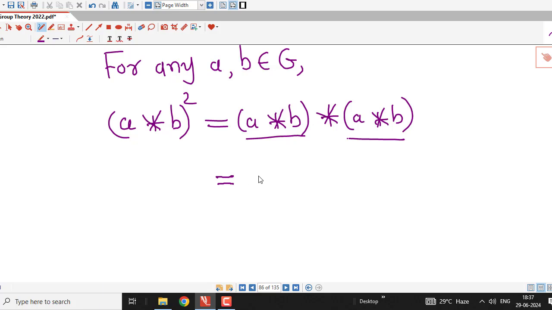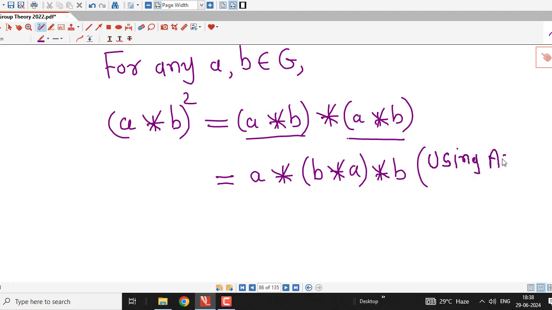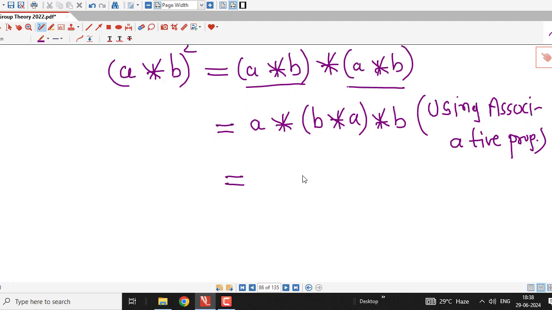Now because G is a group, I can interchange these brackets using the associative property. I can rewrite in this way. So this is using the associative property. Because G is a group, the associative property is satisfied.